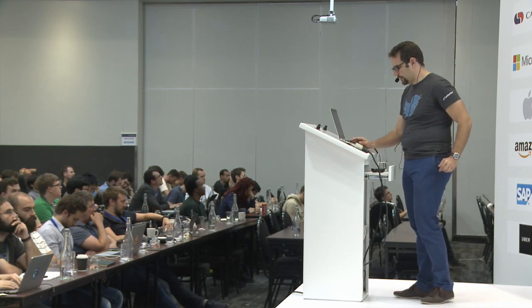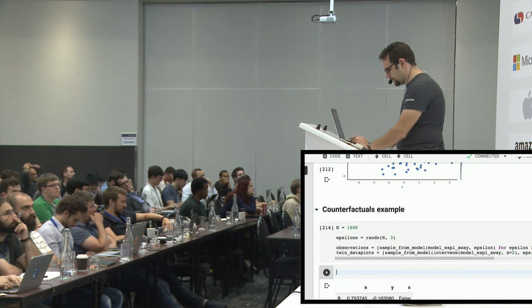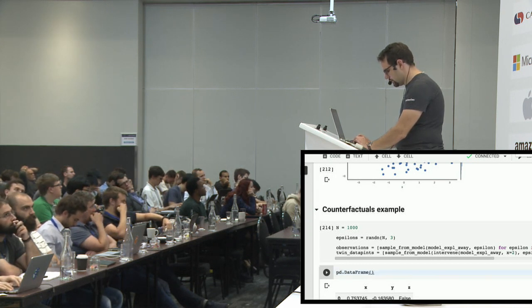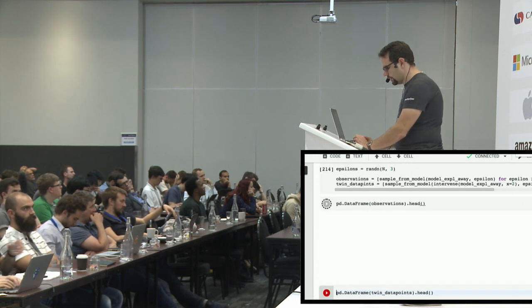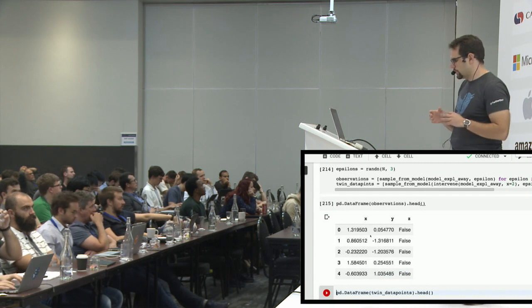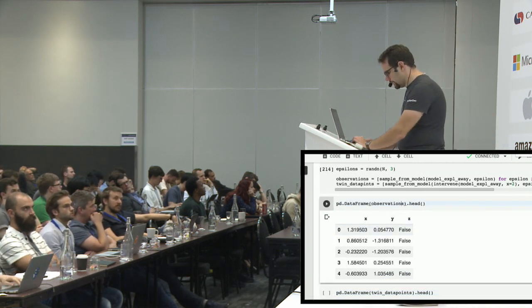This is where basically my thing ends. You can basically say observations.head, and this is going to just show you that you have obviously random samples, but I can do this if it works.